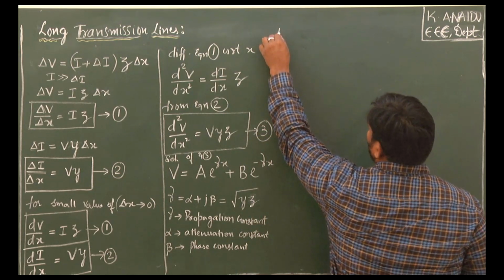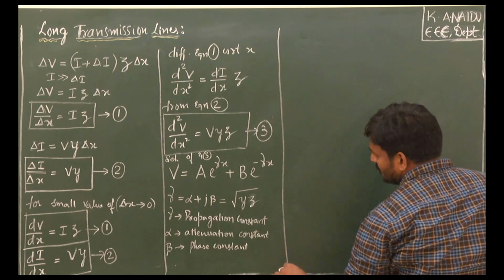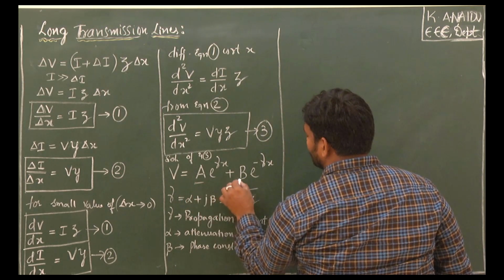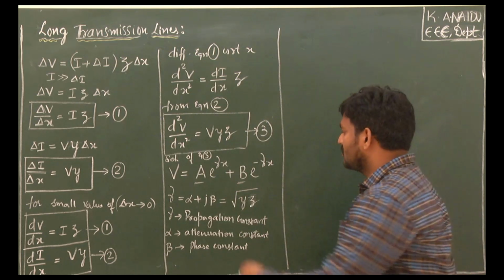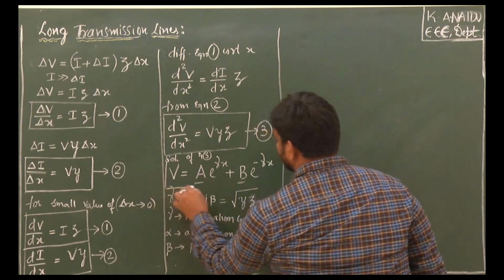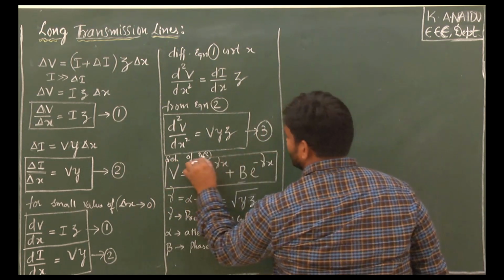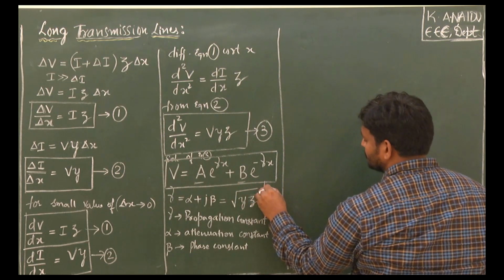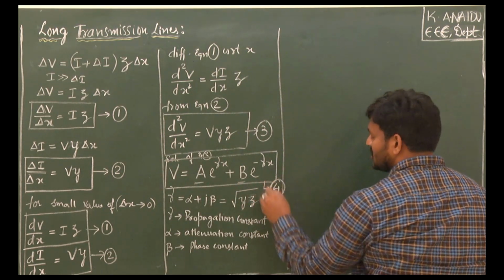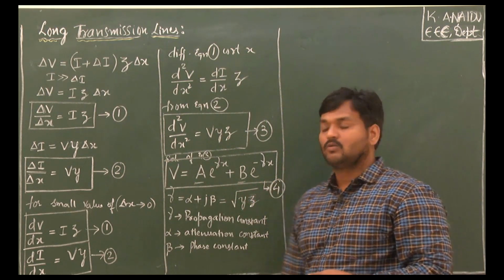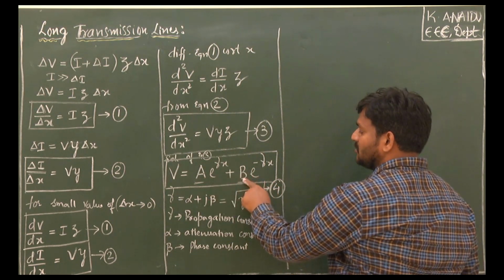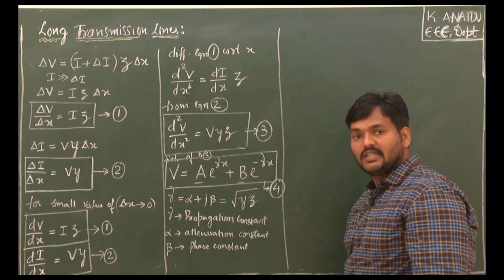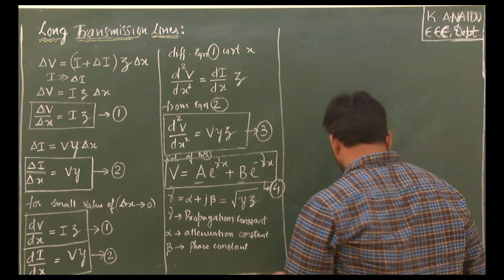Now we have to find out what is the value of A and what is the value of B in this particular solution, that is equation number, let us take it as equation number 4. So in this equation number 4, we have to find out the unknowns, that is constants A and B. For that we use the boundary conditions.